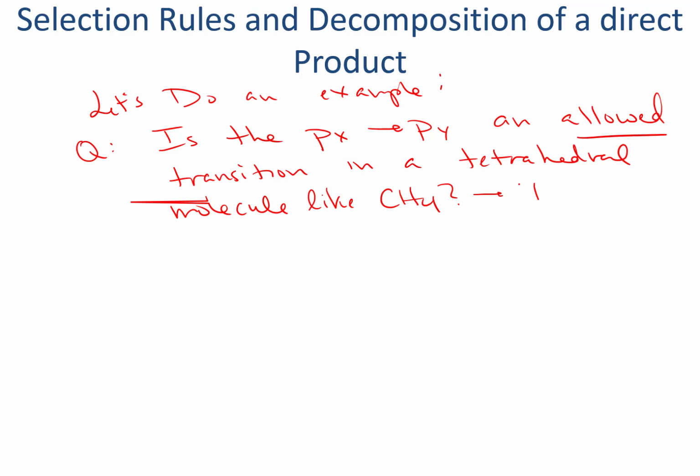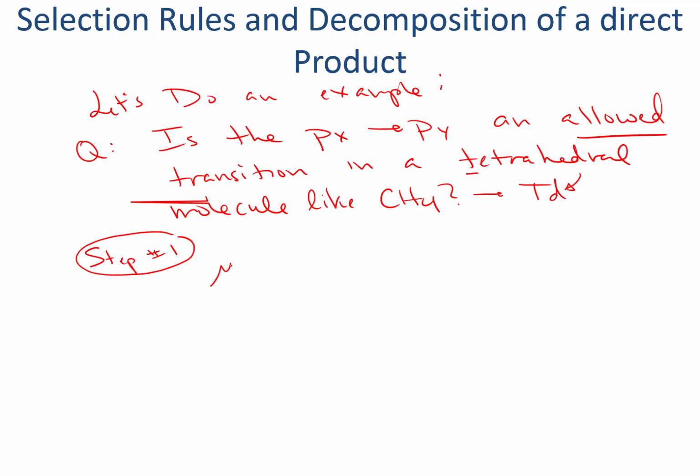Recall that CH4 would be in the Td, of course, tetrahedral, Td, so we'd be looking at that character table. So step number one, we need to set up our equation and see what that looks like.